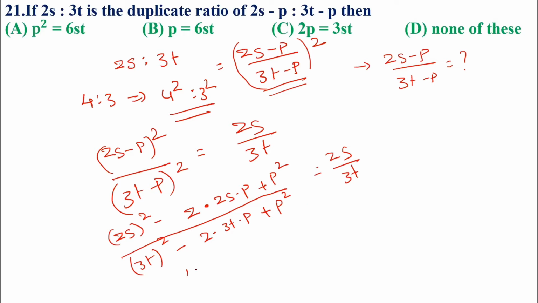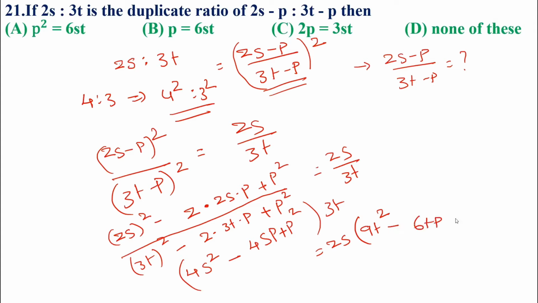Then what is the value? 4S square minus 2 into 2, 4, 4SP plus P square into 3T is equal to 3 square, means 2S into 9T square minus 6TP plus P square. 3S square T, so this will become 12T square.